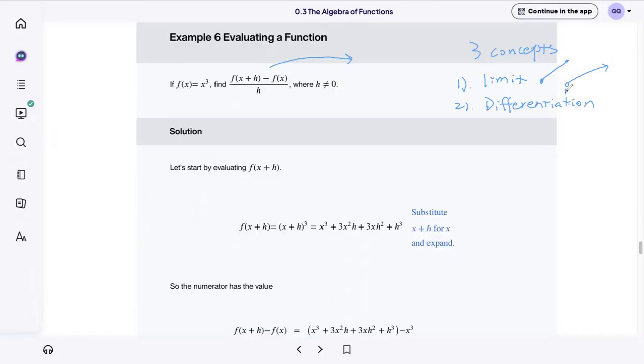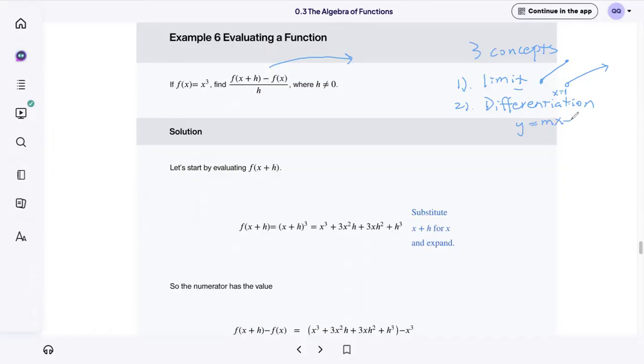Remember that happens at x value equals 1. So we have to consider how the function behaves on the left-hand side of 1, on the right-hand side of 1. So that's why we need the concept of limit. The limit concerns these situations. Differentiation concerns the rate of change.